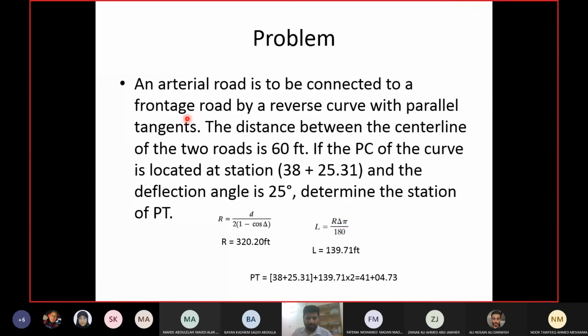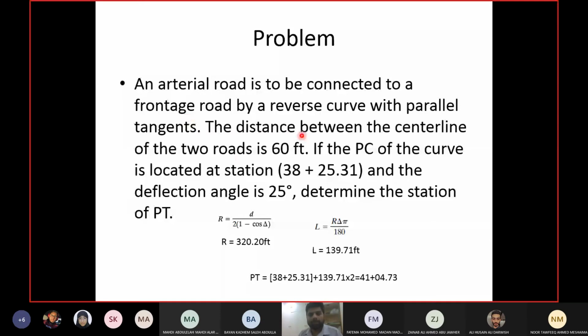If you are doing this shifting from the main road to the side road on a minor road, then you will feel what I'm talking about, why reverse curves are dangerous, because then the turning is very sharp and you have to go very carefully. Okay, or you should go very carefully. So this is another example of why we have to provide a reverse curve.